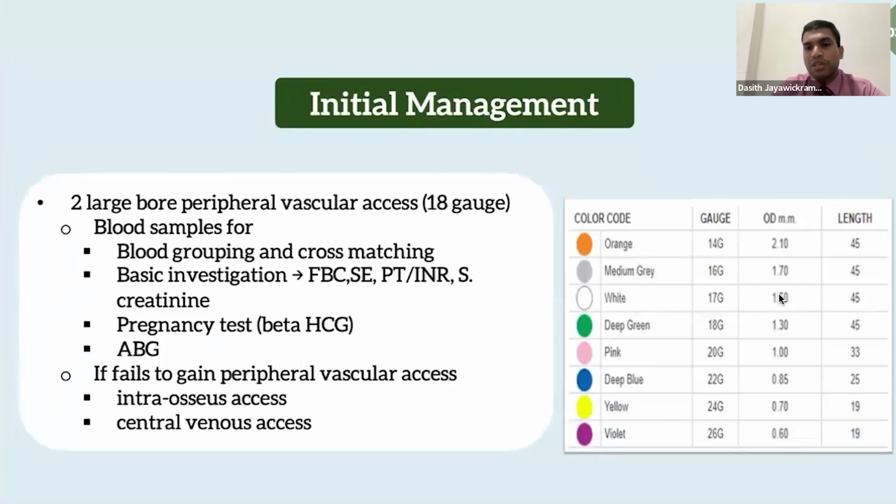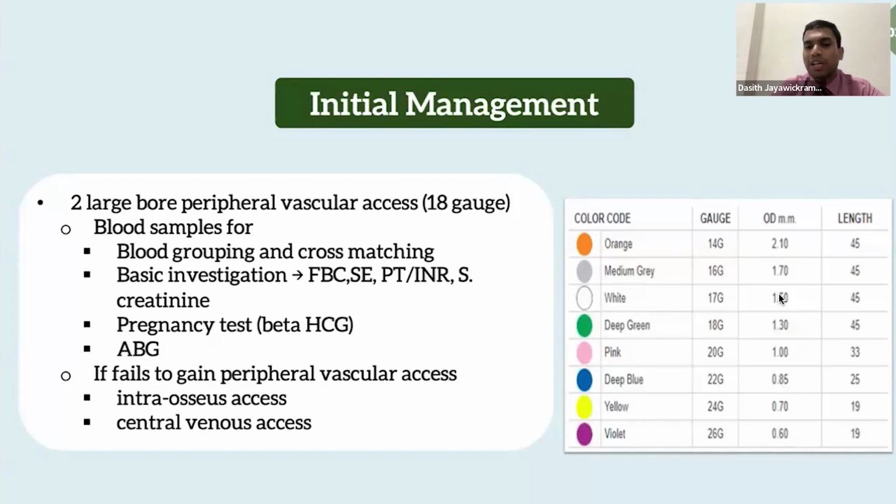Okay. How do you initially manage? We need rapid large bore venous access. We put two large bore peripheral vascular accesses, at least 18 gauge, that is green. Smaller cannulas are not suitable for this. For example, pink, blue, yellow, those are not suitable. At least 18 gauge.